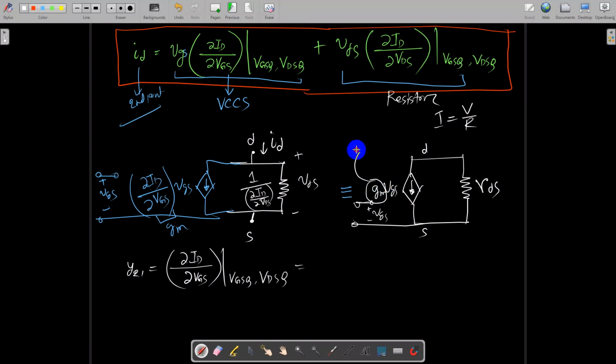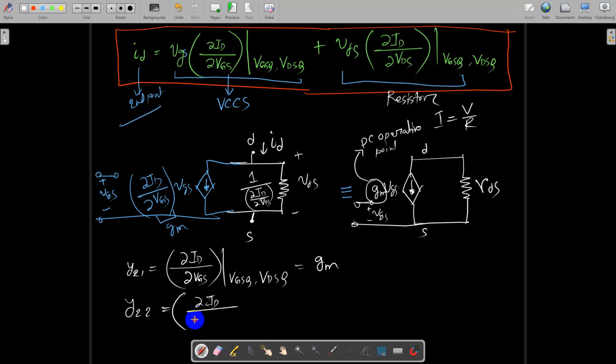This is from your bias, from your DC operating point. So when you are fixing your GM, you will fix it from your bias point of view.